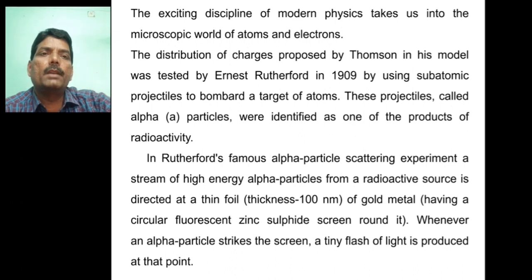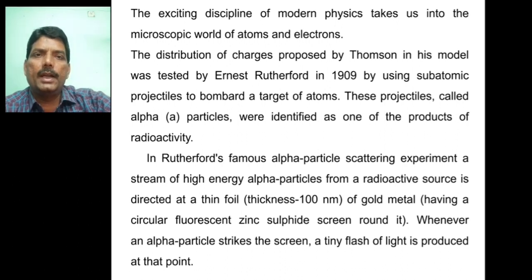In Rutherford's famous alpha particle scattering experiment, a stream of high energy alpha particles from a radioactive source is directed at a thin foil of gold metal, whose thickness was about 100 nanometer, having a circular fluorescent zinc sulfide screen around it.